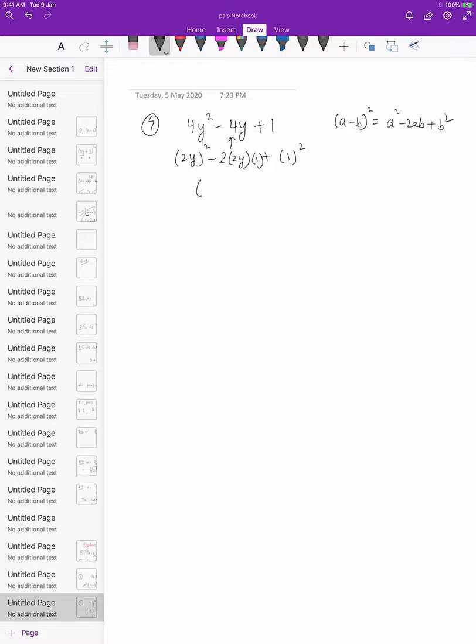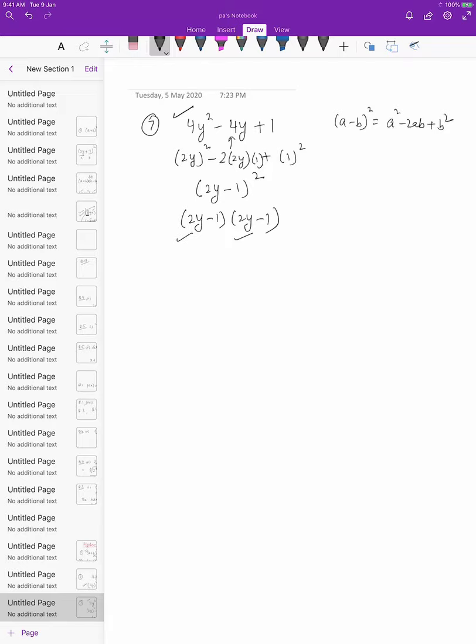So I can write this in the factorized form as 2y minus 1 whole square, that is a minus b whole square, which in turn can also be written as 2y minus 1 into 2y minus 1. So I can say these are the two factors of the given polynomial, quadratic polynomial.